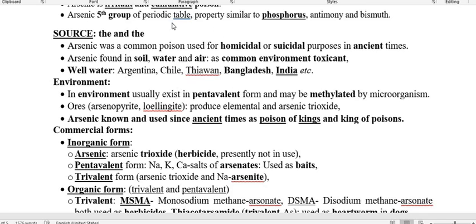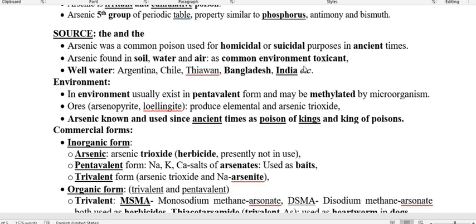So it is available everywhere, and one of the important sources of arsenic that produces toxicity is groundwater. In areas where the groundwater is contaminated with arsenic, the chances of toxicity, both in human beings and animals, are higher.